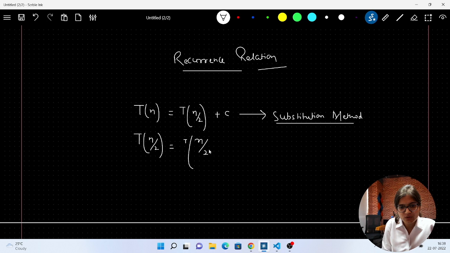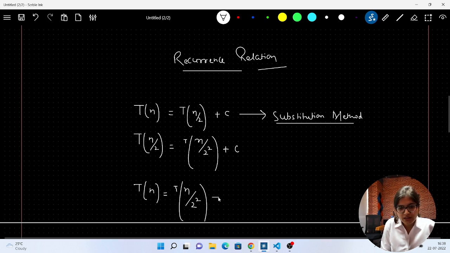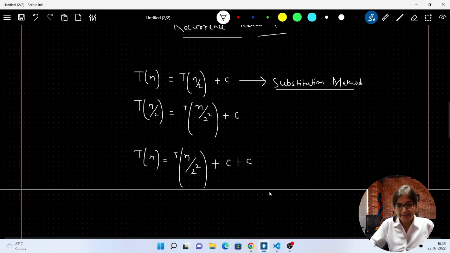It will be T of n by 2 to the power 2 plus C. If I replace this value, we get T of n as T of n by 2 to the power 2 plus C plus C. So this is what we are getting.